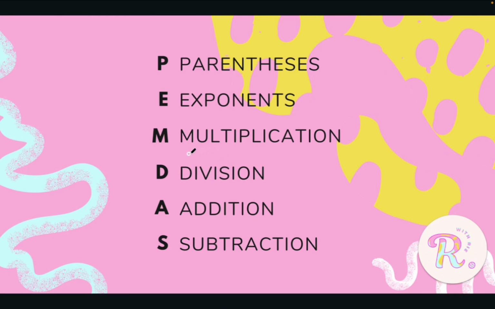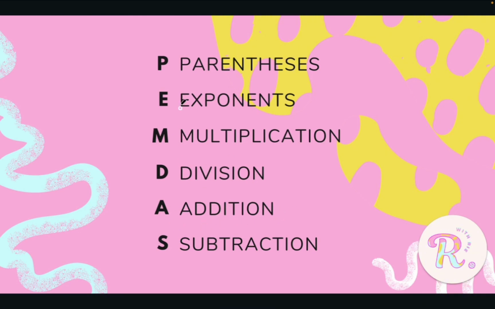You go left to right, so that here in M&D and A&S applies the left to right rule, okay? Whichever comes first, that's what you're gonna do. They're on the same level, okay? It's not multiply before divide. It's multiply or divide. Same goes for addition and subtraction. It's addition or subtraction from left to right, whichever goes first, okay?